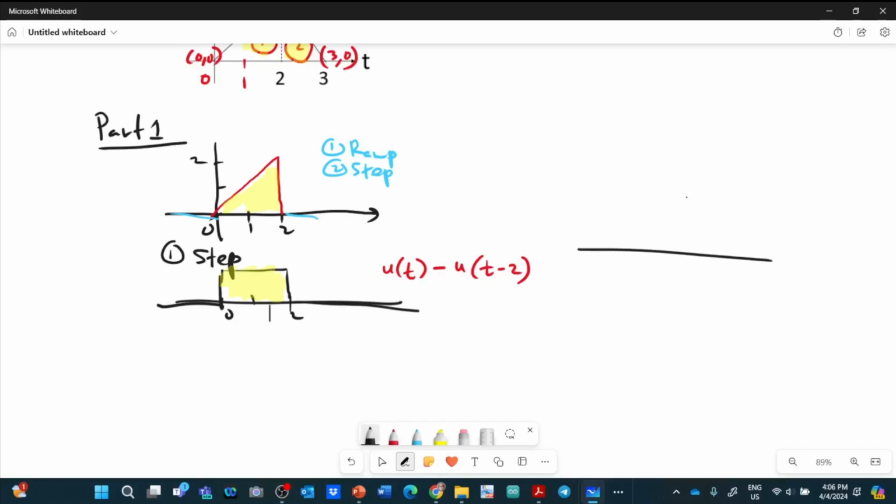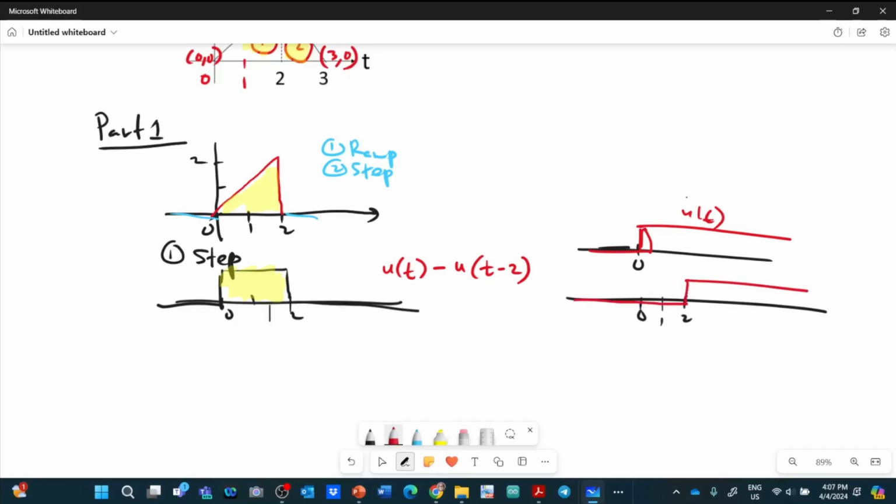Okay, UT macam mana rupa dia? Straight saja. UT. Okay, this is UT. UT minus 2 is shifting. Signal yang pertama ni tolak signal kedua. What do you get? Bila you plot, you akan dapat 0, 1, 2. 2 tolak 0, 2 pula. 1 tolak 0, 1. 0 tolak 0, 0.